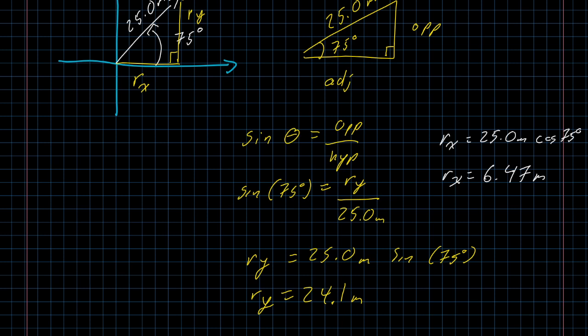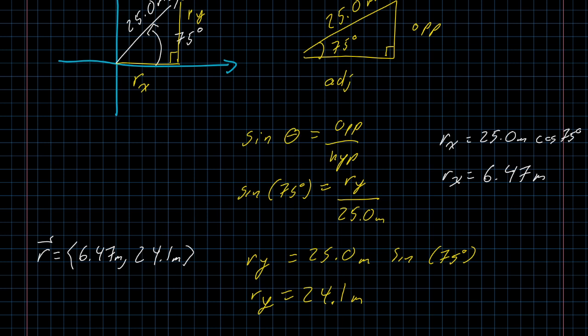Right. So I have my x component, I have my y component. I'm running out of screen space, but I can write in component form. That 25.0 meters at 75 degrees is the same thing as the components, 6.47 meters and 24.1 meters.